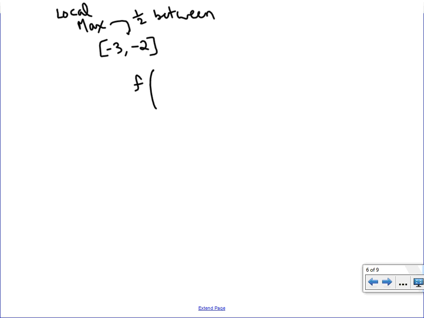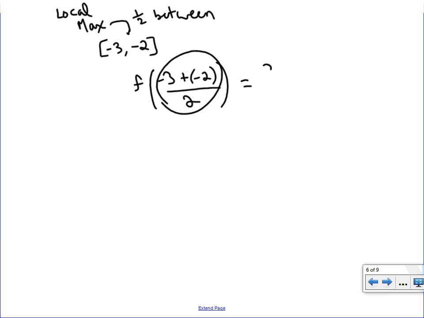as finding the value of the function at the halfway mark between negative 3 and negative 2. So I'm going to take the halfway mark between negative 3 and negative 2. That's about negative 2.5. And the value of the function at negative 2.5, I think I calculated this to be approximately, decimal will be all right.